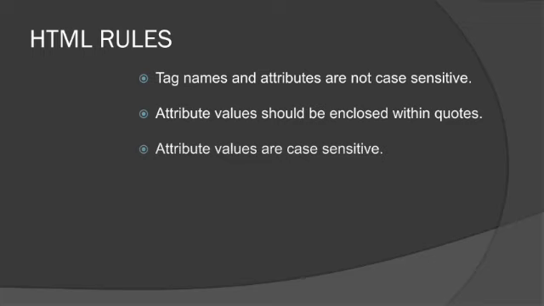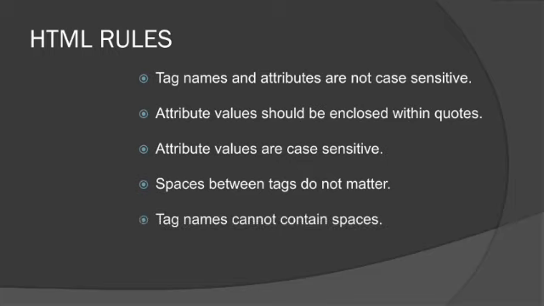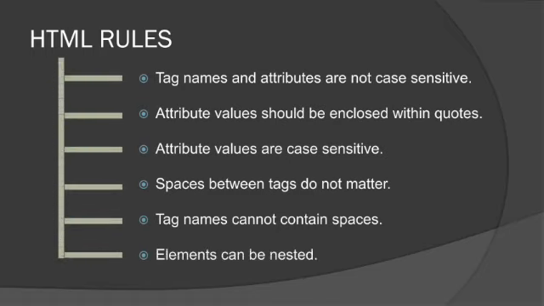Third, attribute values are case sensitive. Fourth, spaces between tags do not matter. Fifth, tag names cannot contain spaces. And the sixth rule is elements can be nested. So these six rules we need to follow while writing HTML code.